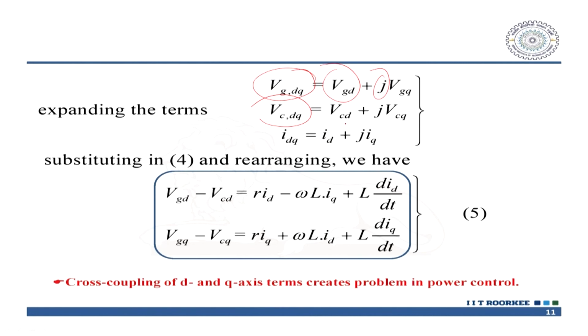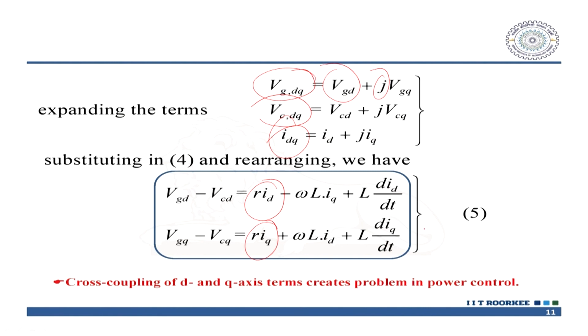Similarly, for the converter voltages Vcd plus j Vcq, similarly I dq equals Id plus j Iq, and substituting these and rearranging them, Vgd minus Vcd equals R Id minus omega L Iq plus L dId/dt, and thus Vgq minus Vcq equals R Iq plus omega L Id plus L dIq/dt.